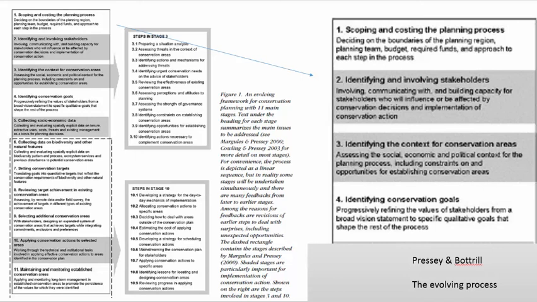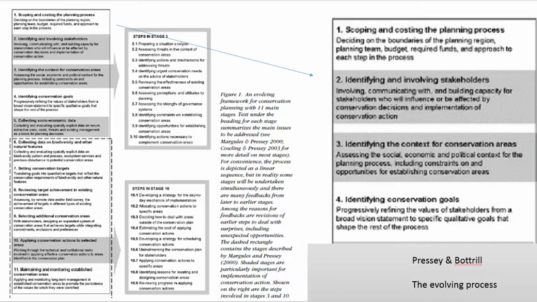They modified that original process. So now you see scoping and costing the planning process, identifying and involving stakeholders, identifying the context for conservation areas, identifying the conservation goals. It still has assembling the data and setting the targets and selecting additional conservation areas. So it's building out the Margules and Pressey model, but it's building it out with this idea that you're going to have to involve stakeholders, that people who live in the area have something to say about it.